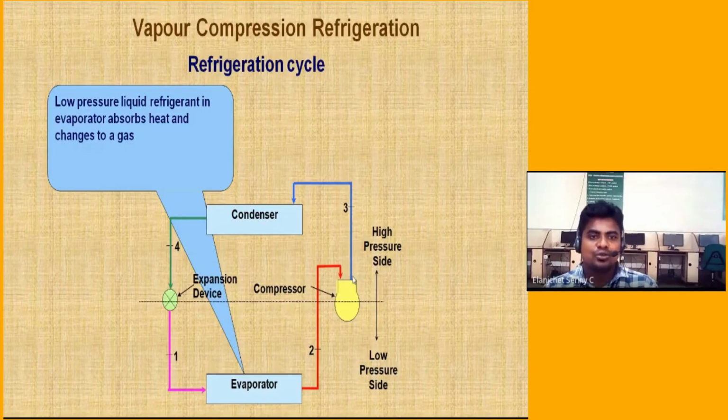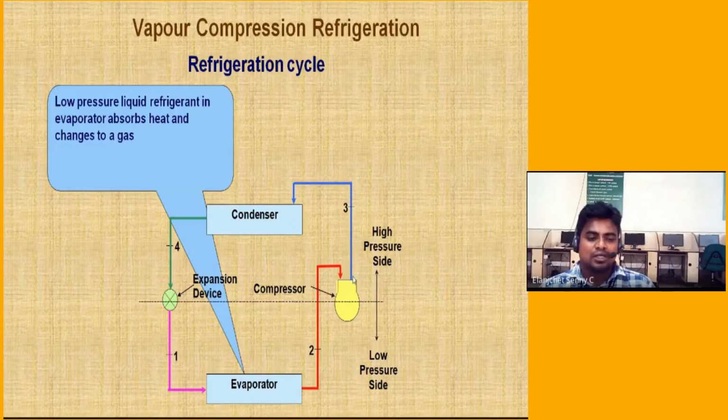Low pressure liquid refrigerant in the evaporator absorbs heat and changes to a gas. As the statement indicates, low pressure liquid refrigerant, that means we are giving low pressure liquid refrigerant to the evaporator.